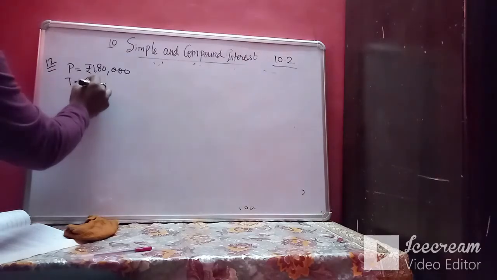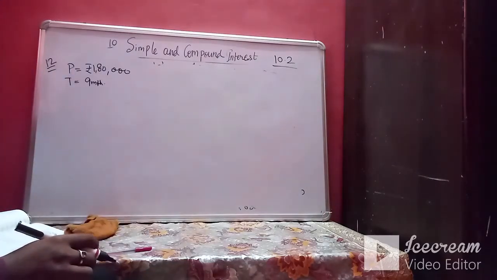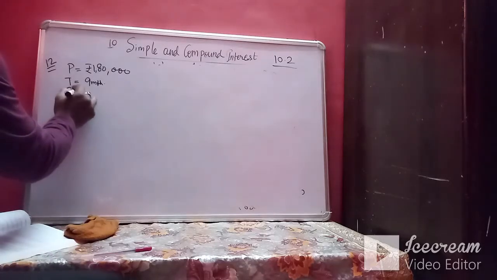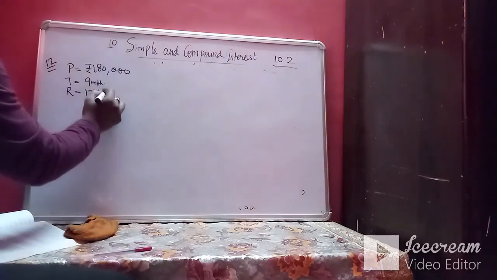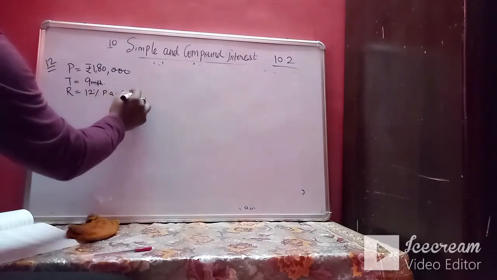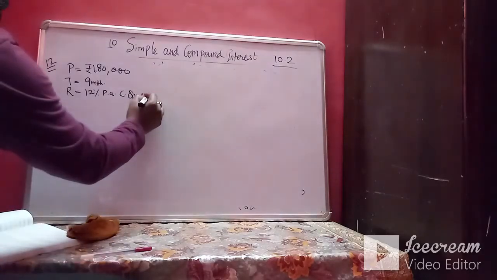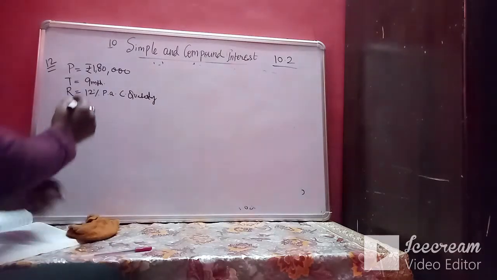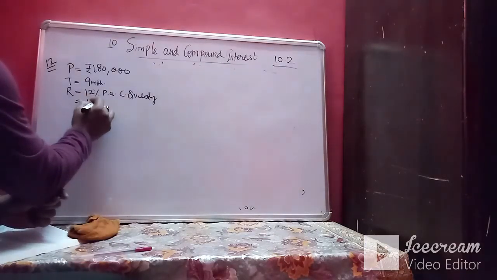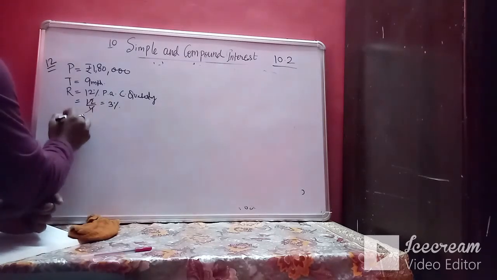Time is 9 months at 12%. So here the rate is given as 12% per annum and compounded quarterly. Okay. So here rate is compounded quarterly. That means our rate becomes how much? 12 by 4, that is 3%.